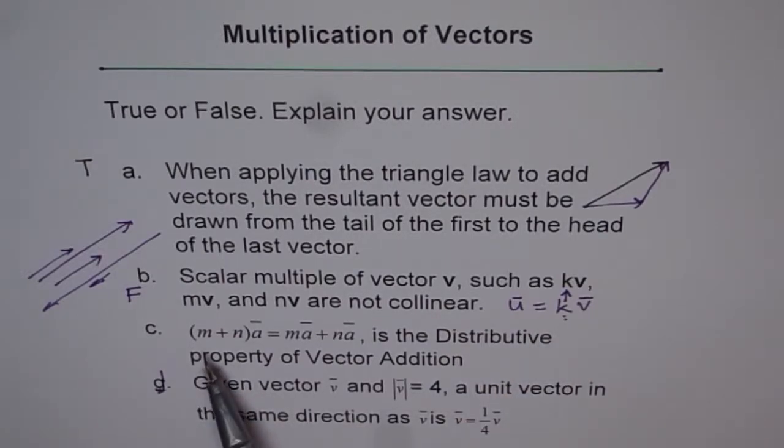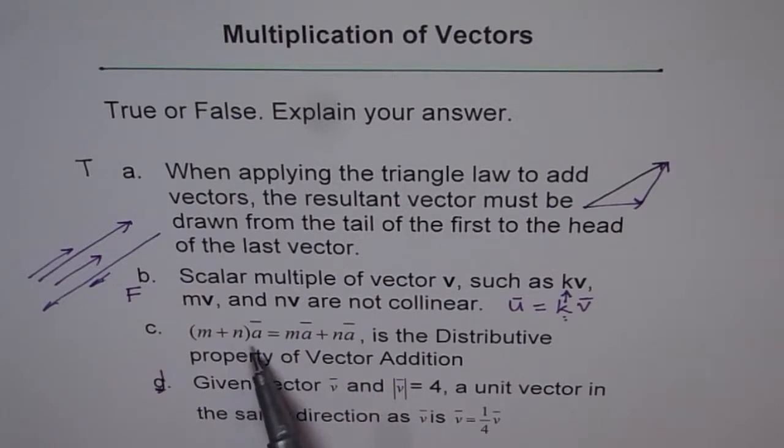Part C is, (m plus n) times vector a equals ma plus na. Well, this is a property. Now, is this the distributive property of vector addition? I have seen many students making a mistake here. It's kind of tricky, right? It is not called distributive property of vector addition.